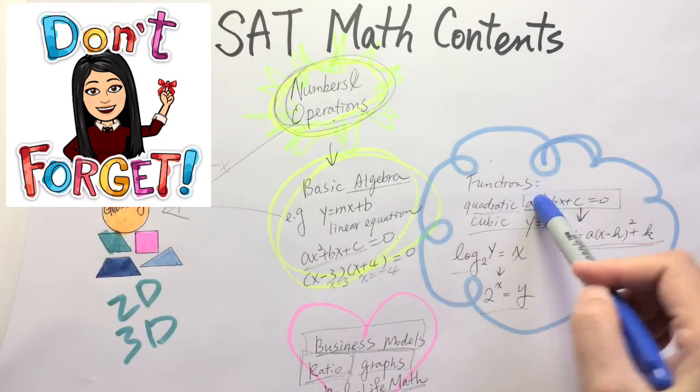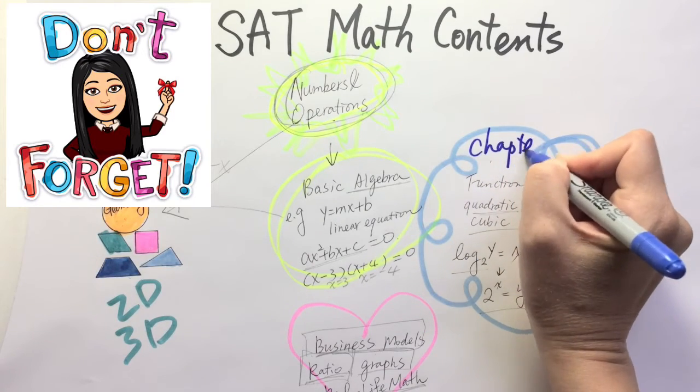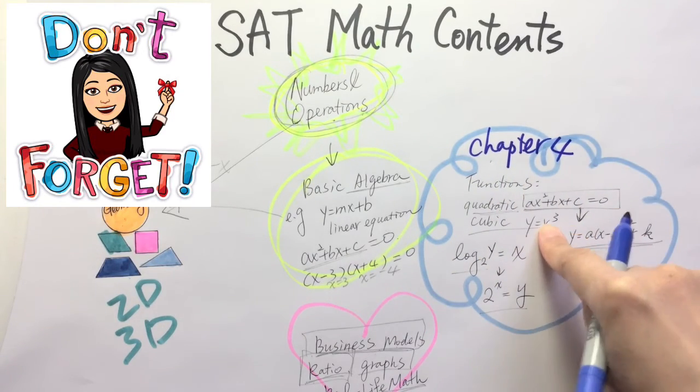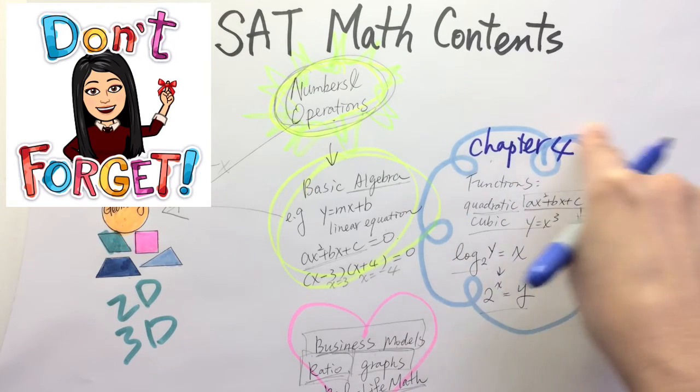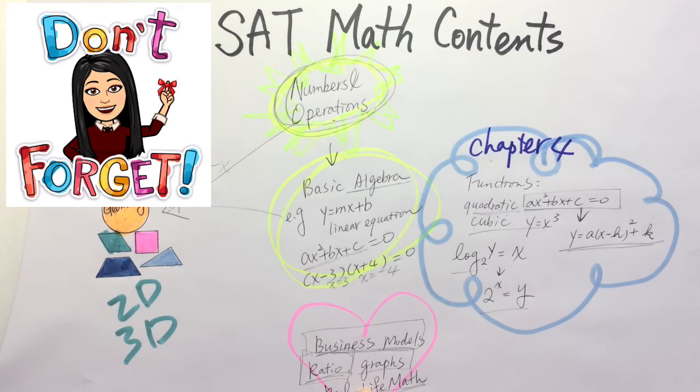Okay, and chapter 4, functions. Here is more like a little bit more advanced algebra. Okay, in the end, the last chapter is the data analysis or probability, like the real life math business.